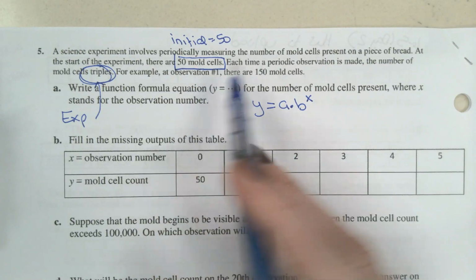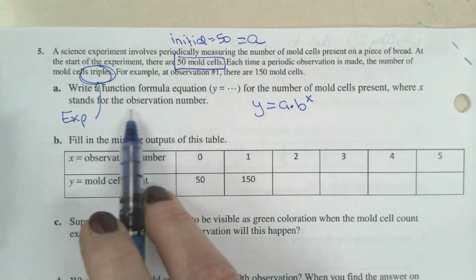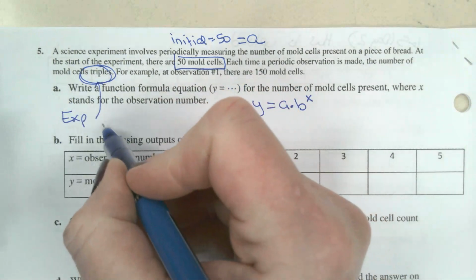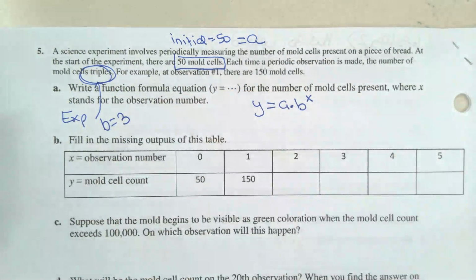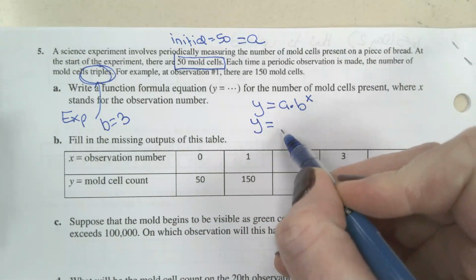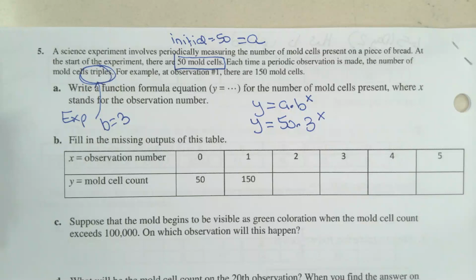This initial amount, that is my a, and then since it is tripling, that means that b equals 3. So write an equation, y equals 50 times 3 to the x.